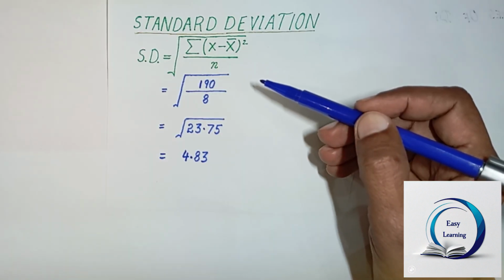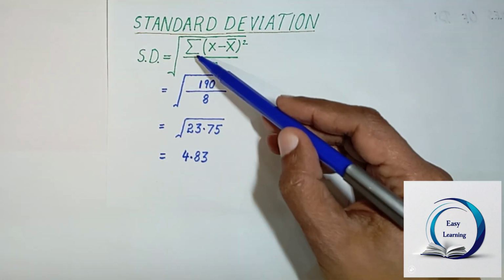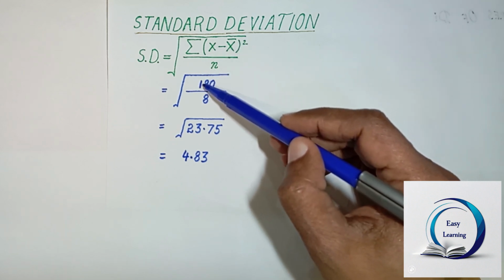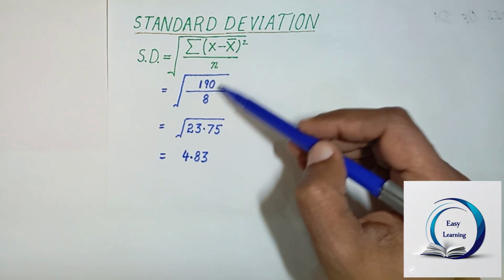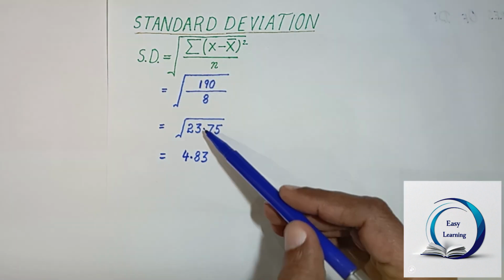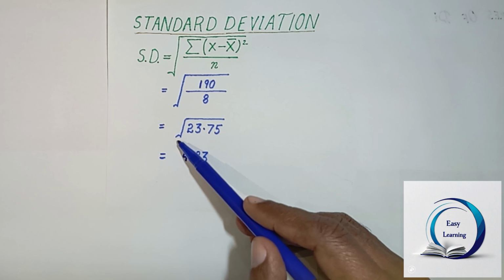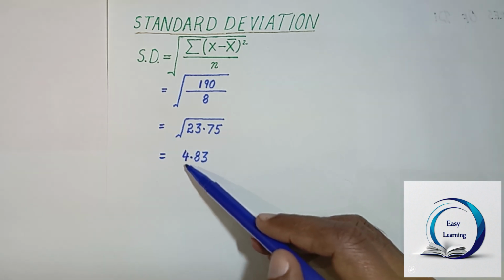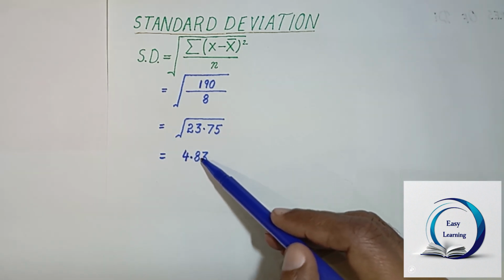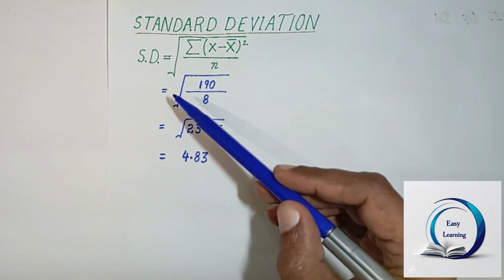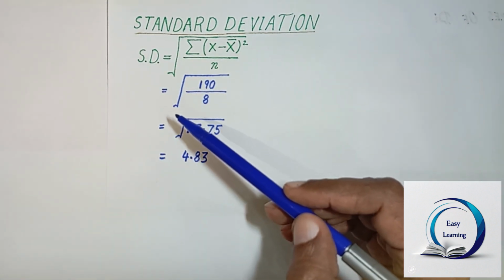So by putting the values, summation X minus X bar whole square over n, 190 divided by 8, under square root equals 23.75 under square root. We get the answer 4.83. So 4.83 is the standard deviation of this ungrouped data.